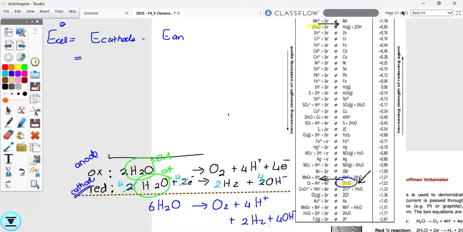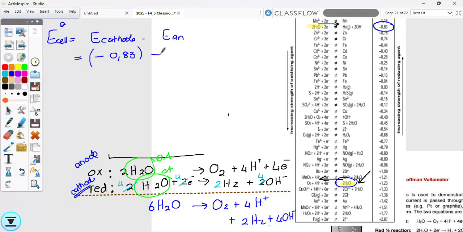So for our voltages, which voltage would be the cathode? The top one. Yeah, sorry, I forgot that I actually had two things there. So this one is my cathode because reduction happens at the cathode. So it's that half reaction. So it's going to be minus 0.83 that we're reading off the table there at the top.